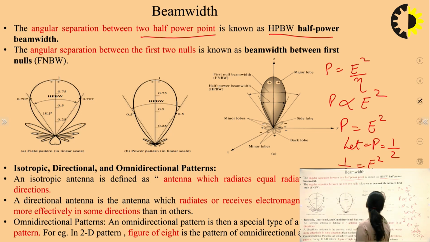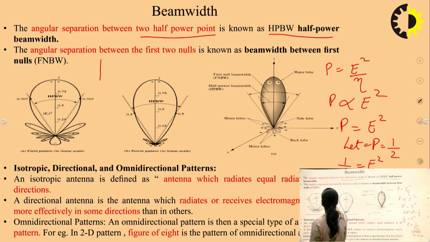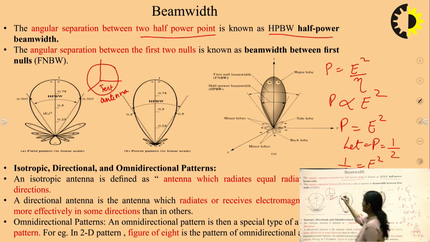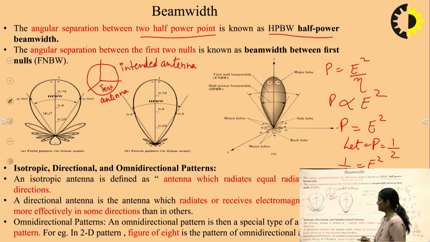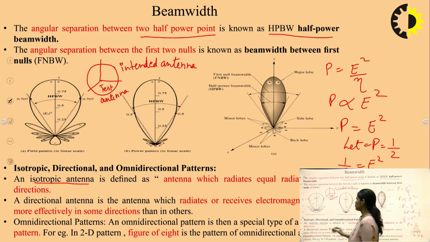Let this be your test antenna, and you have uniform radiation in all directions, and here is some intended antenna. If we have equal radiation in all directions, that is known as an isotropic antenna.